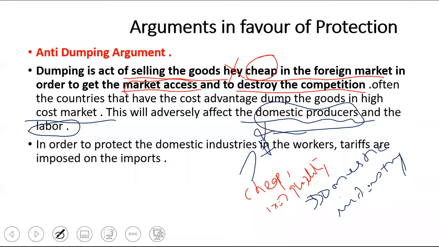In order to stop dumping, countries will impose heavy tariff, which I have many times called customs duty. On imposing high customs duty, naturally dumped goods will become costly. So domestic people will not buy the dumped product.